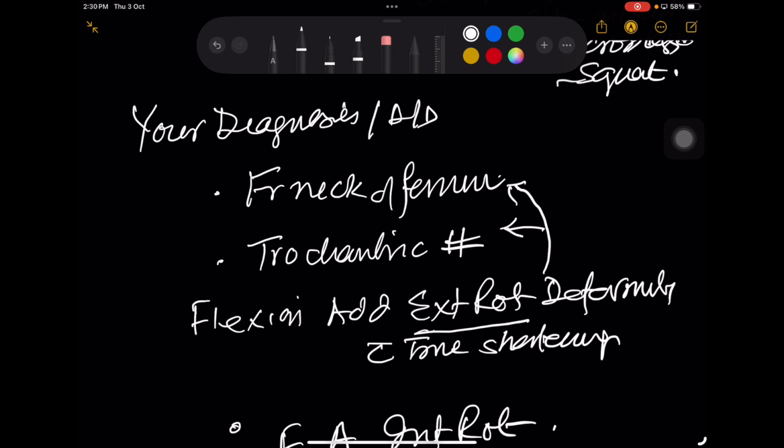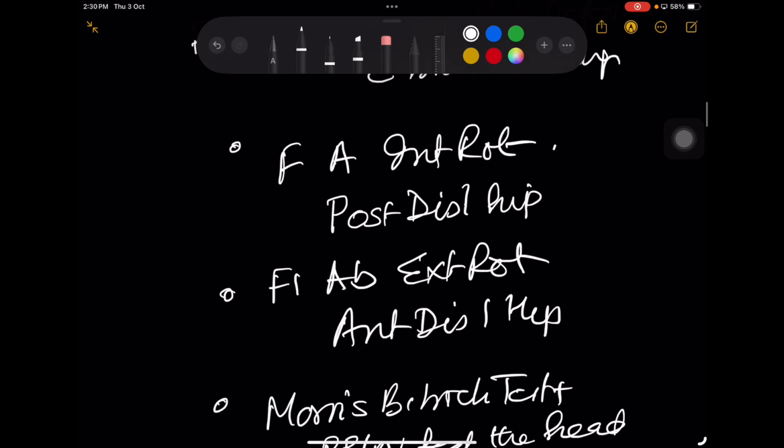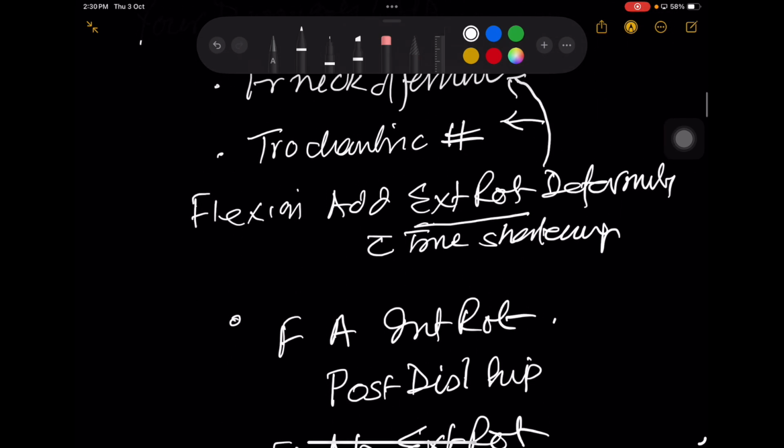Trochanteric fracture will malunite. Fracture neck femur will have 4 complications. Non-union, avascular necrosis. Non-union head. Avascular necrosis, hip, osteoarthritis, osteoporosis. So 4 complications of fracture neck of femur if you get an old case.